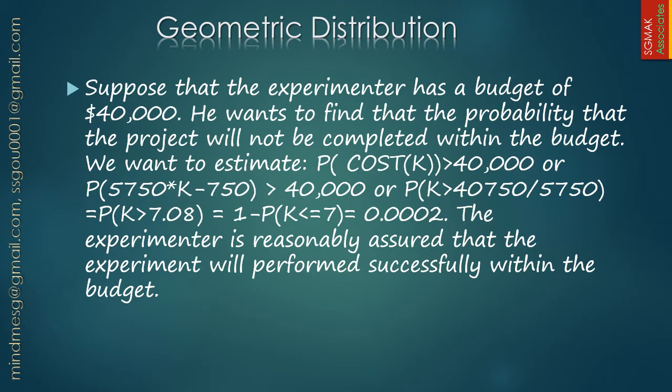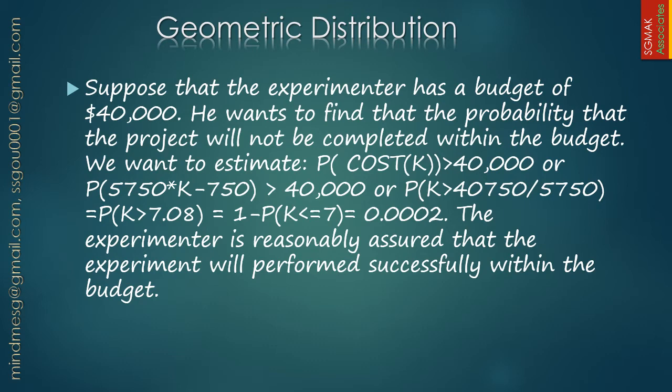So we want to find out the probability that the cost function, the cost of k, is greater than 40,000. K is the number of trials needed until we get the first success. And if you convert that, the probability of 5750 multiplied by k minus 750 being greater than 40,000 converts into the probability of k greater than 7.08.